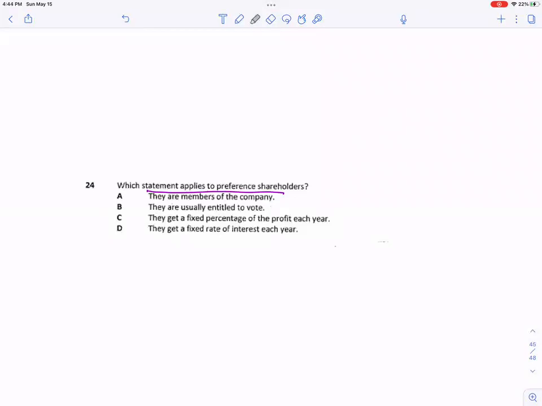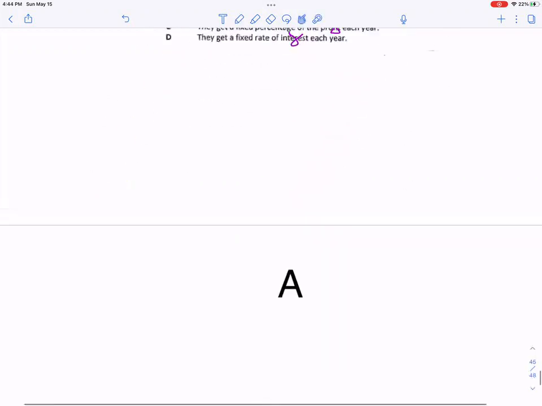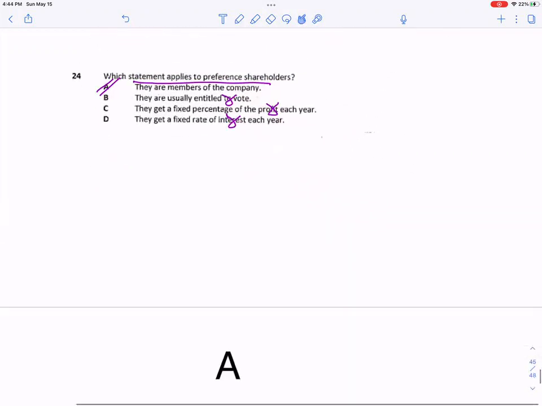They don't get a fixed percentage of profit. They get a fixed percentage of the amount invested. So they don't get interest. They get dividend. They are usually entitled to vote. So they are members of the company. Okay? Are you all with me?